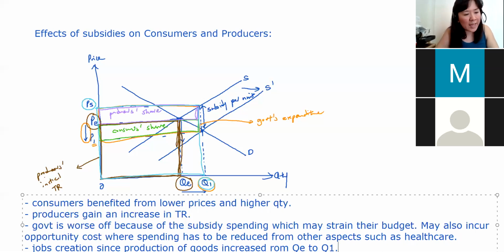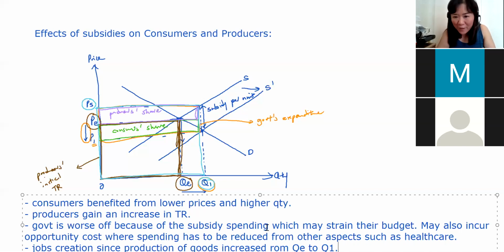So is society better off or worse off? Generally, they're still going to be worse off. Why do we say that? I'm going to show you where the deadweight loss that results from the subsidy would be. Let me draw it on another diagram.